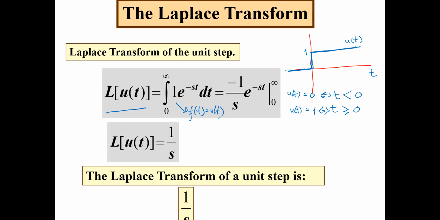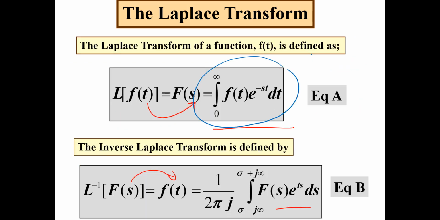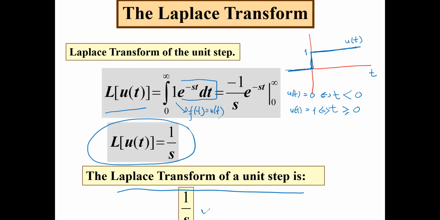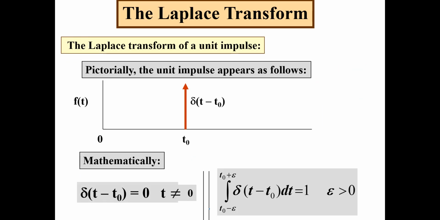So here this is 1, and then e to the power of minus st dt. So we get minus 1 per s times e to the power of minus st from 0 to infinity. So we get that the Laplace of u(t) is 1 per s. This is the Laplace transform of the unit step. Okay, so next is the unit impulse.